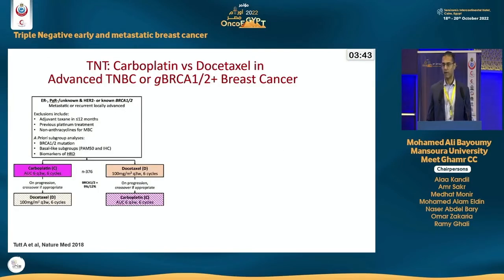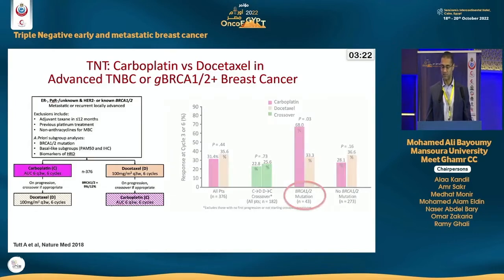What about the sequence for giving patients chemotherapy in metastatic triple negative? This study randomized patients either to the first arm to receive platinum, then upon progression docetaxel, and the other arm the reverse, docetaxel, then upon progression platinum.